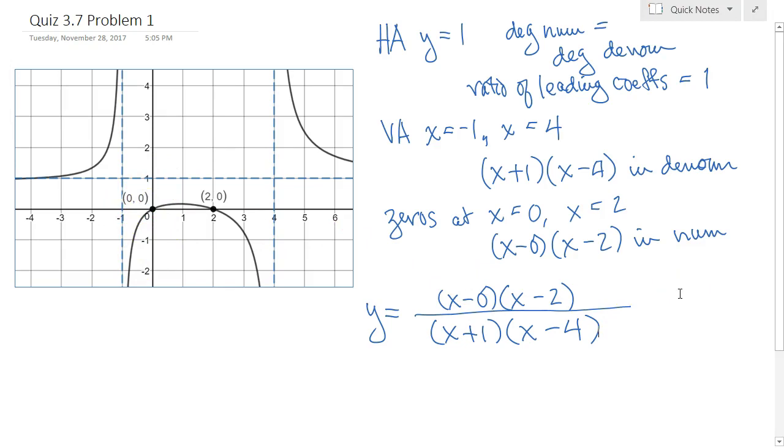What I really need to do here is to put this much in Desmos and see if it needs any adjusting.